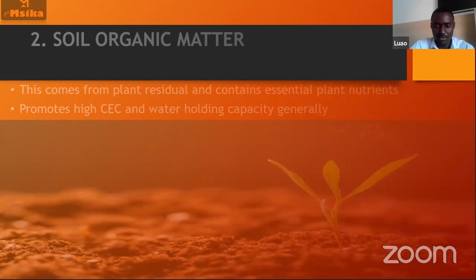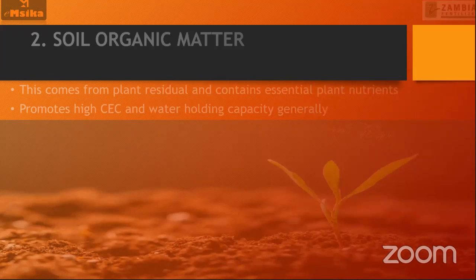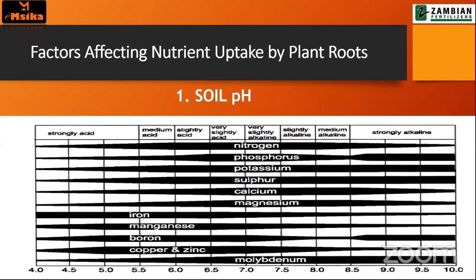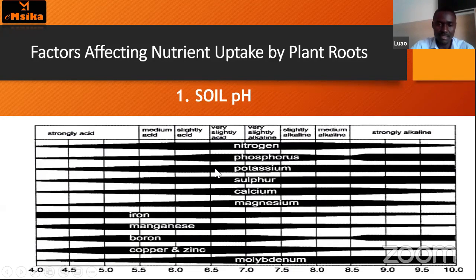If you continue adding fertilizers, for example G compound, when the scale is 4.5 to 5, these nutrients are not accessible because they'll be trapped, since the scale does not allow the uptake of these important nutrients, and it will result in very poor yield.